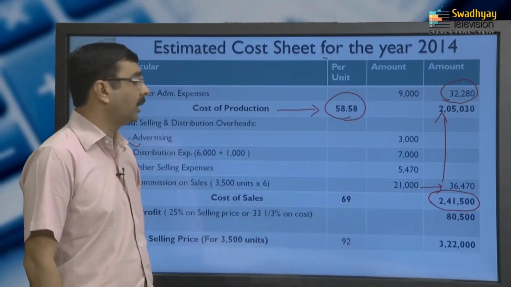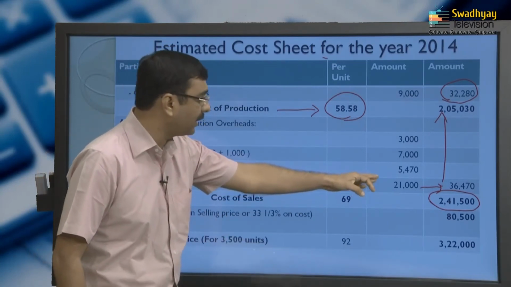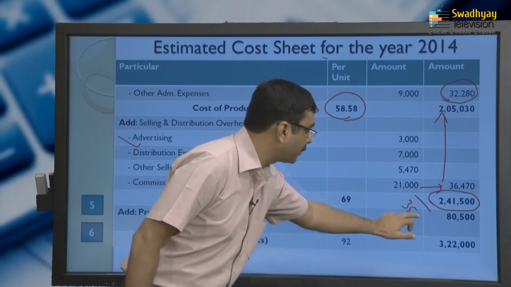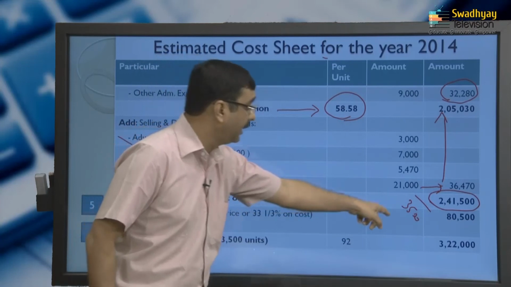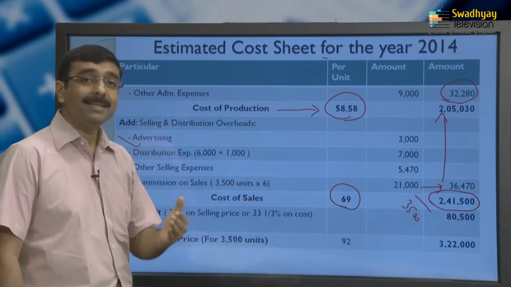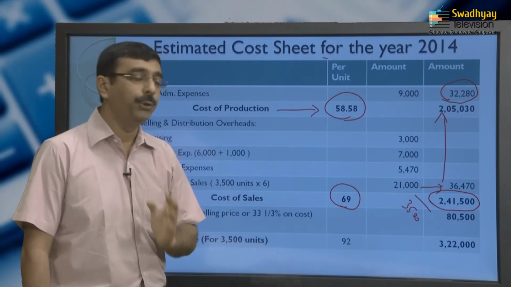This is your total cost, or you can say the cost of sales. 2,41,500 divided by 3,500 units estimated for manufacturing in year 2014 comes to 69 rupees. And this is your cost of sales or total cost per unit.